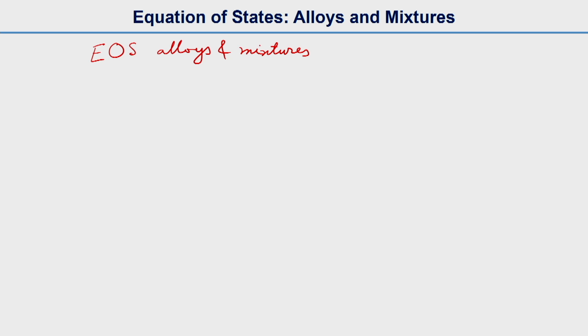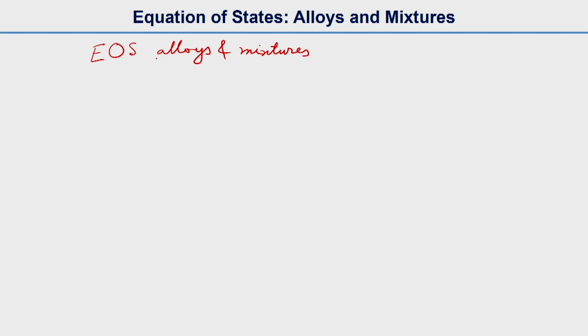I will leave that part to you, so please study the difference between alloys and mixtures. The basic difference is that alloys are so nicely mixed that they have a homogeneous composition. Mixtures have separable structures, but for details please study alloys and mixtures, that is important.